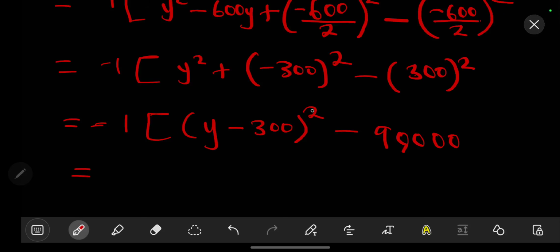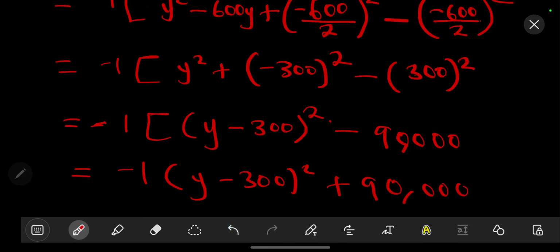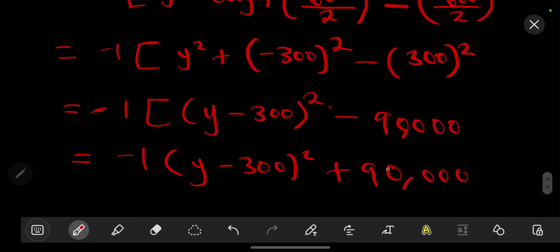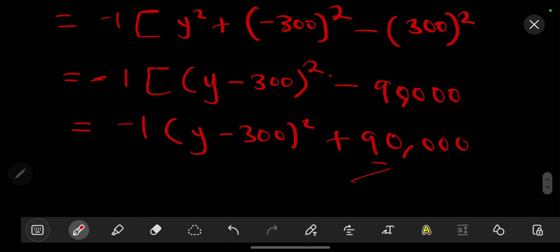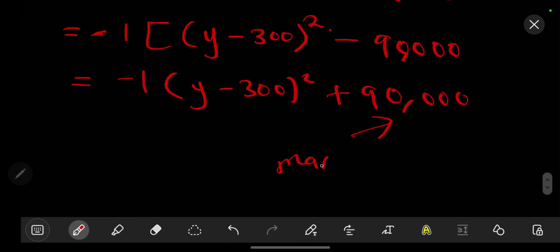After we are done with that, we can multiply throughout. This gives us negative 1, open brackets, y minus 300 squared, and negative times negative is positive 90,000. So if you are asked to find the maximum area, this is your maximum area.